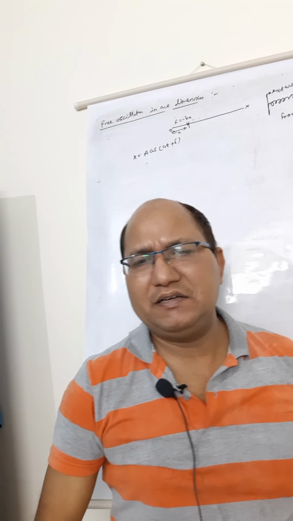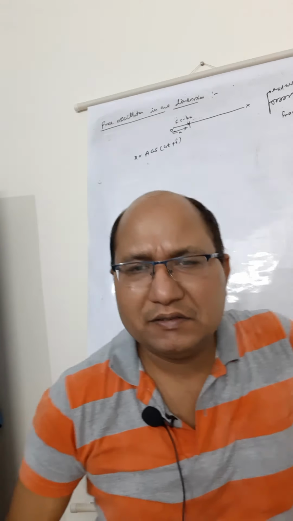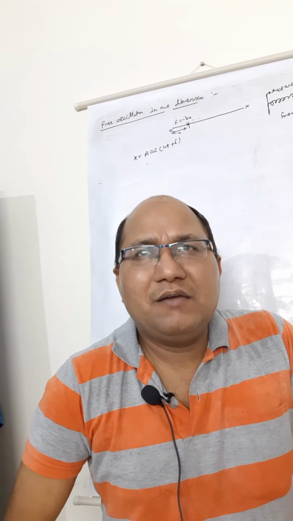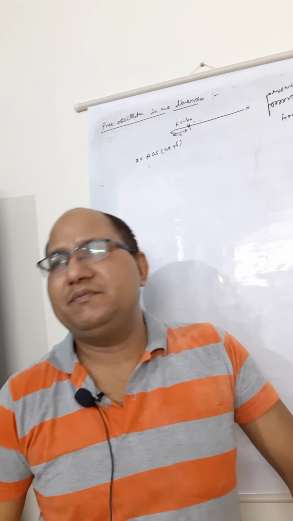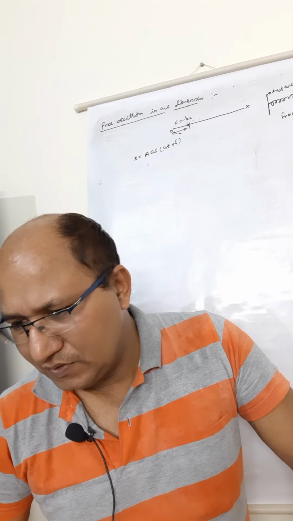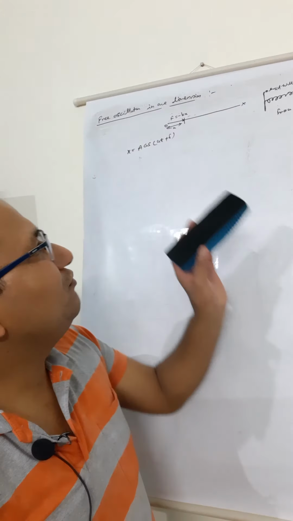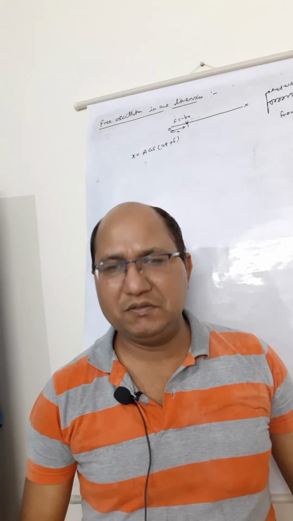You can also write it as a sine function, and I had introduced yesterday that all motions which are represented by a combination of sine and cosine functions are called harmonics. So that is why this motion is called simple harmonic motion.